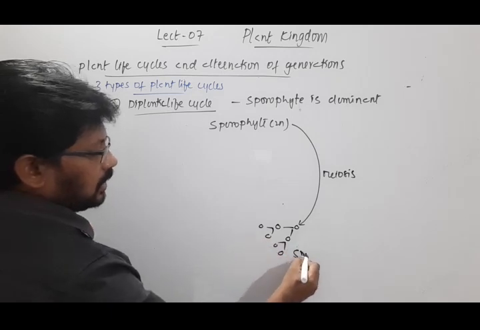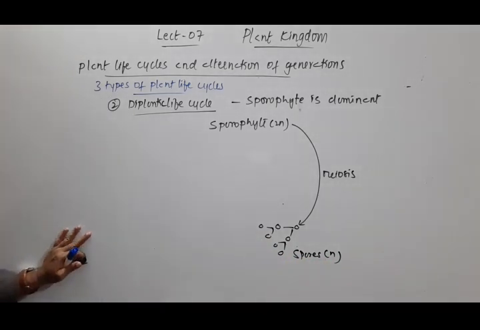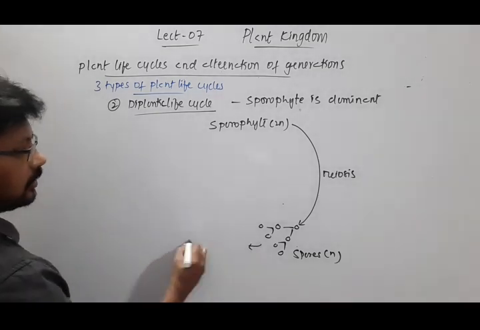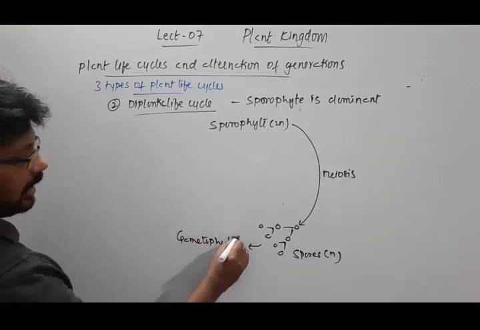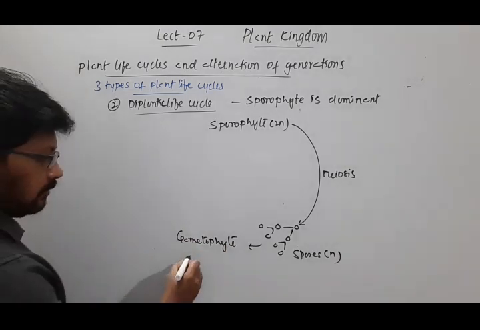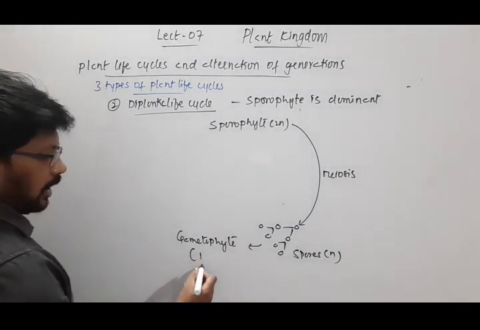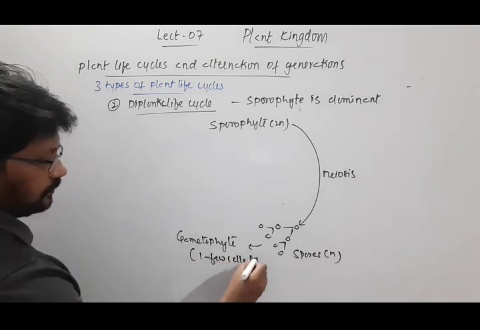These are spores and they are haploid. These spores will germinate and produce gametophytes. So it's going to develop into the gametophyte. Here the gametophyte will be one to few celled.